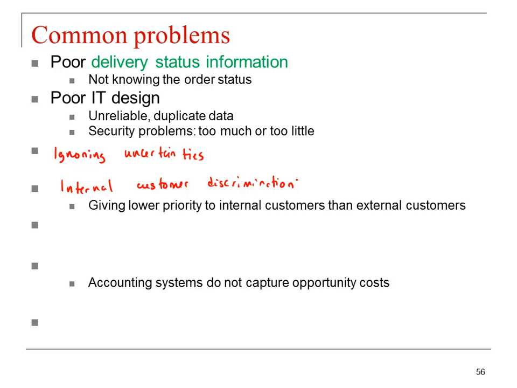Giving lower priority to internal customers than external customers. This can be seen in the government, for instance, like when I was working in a government office in Puerto Rico.